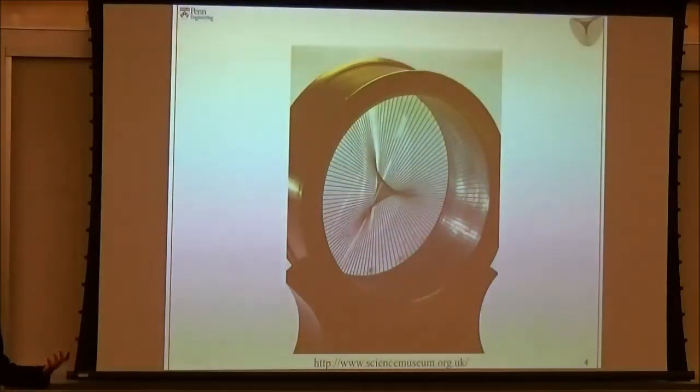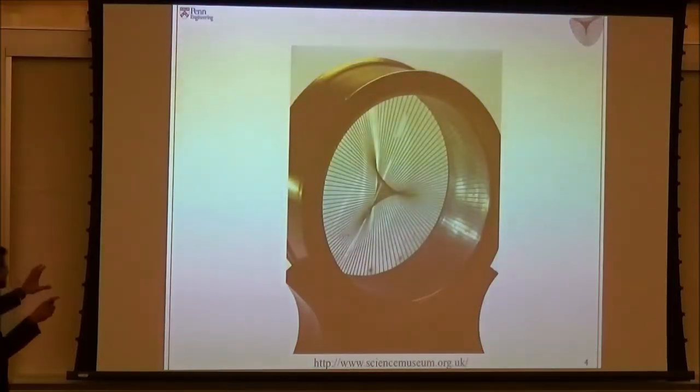Come on. You were clearly sleeping during the last two talks. It's called a cylindroid. It's a ruled surface, which means you can build it out of wires. It looks quite complicated, and I'll tell you where this comes from, although it was mentioned.